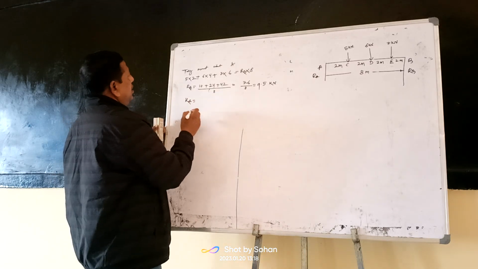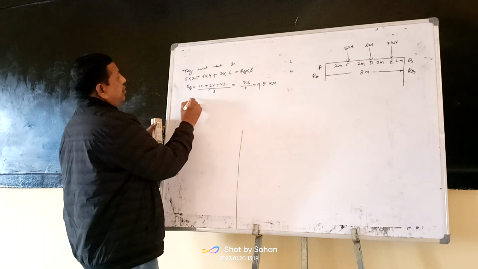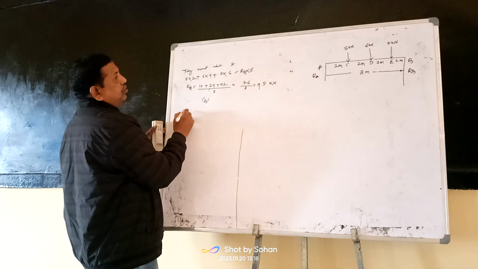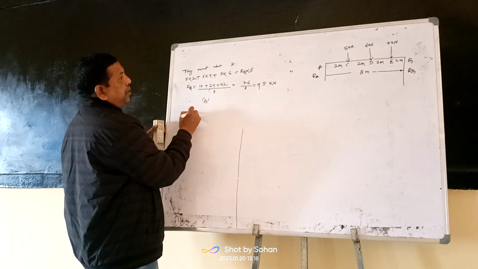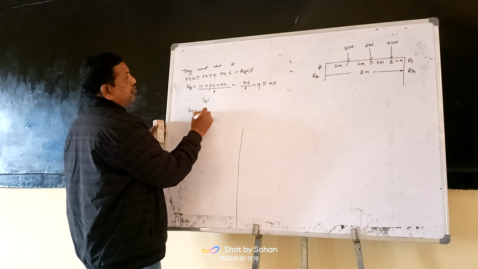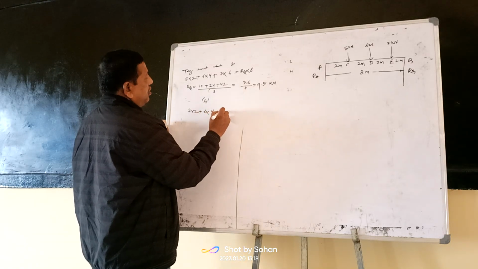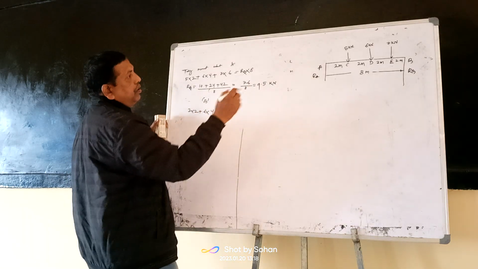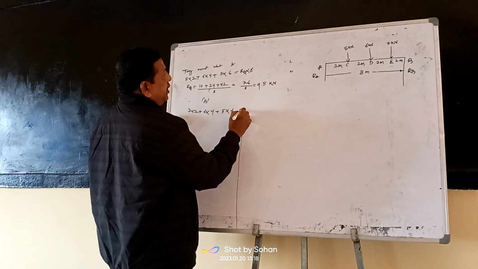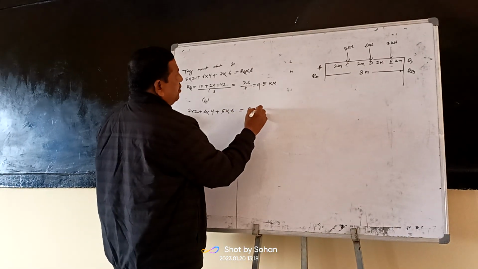Then RA, we have to take moment about point B. So 7 into 2 plus 6 into 4 plus 5 into 6 is equal to RA into 8.